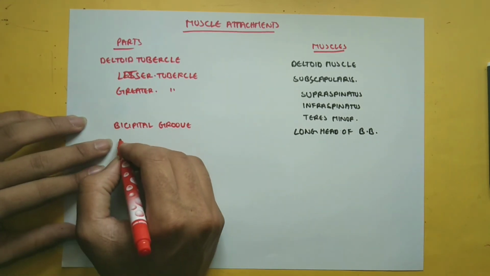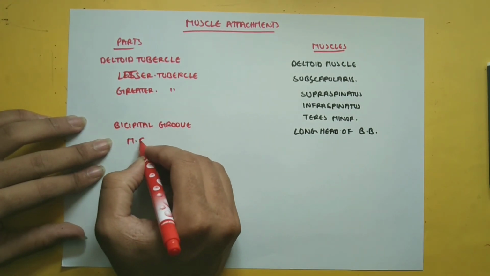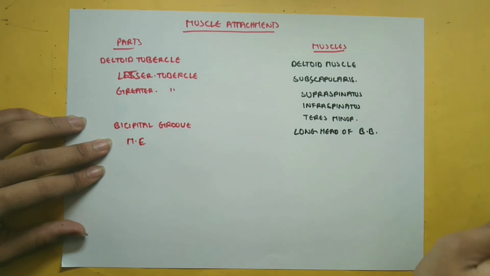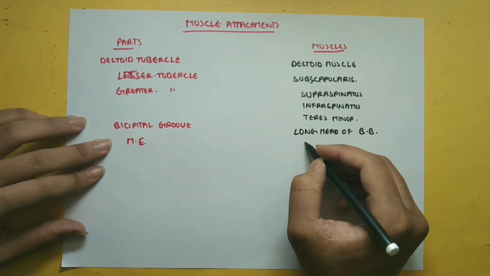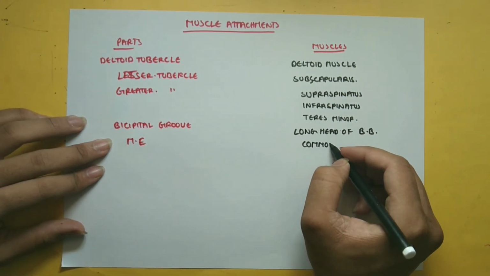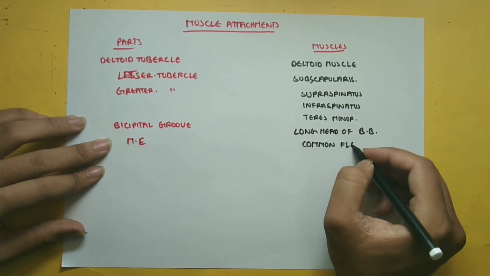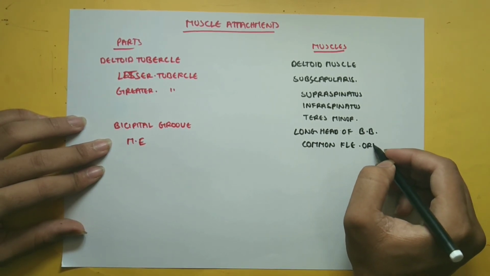What comes next? The medial epicondyle gives attachment for the common flexor origin.